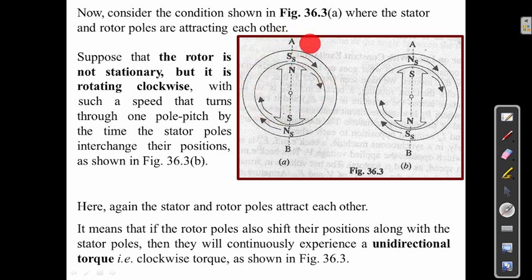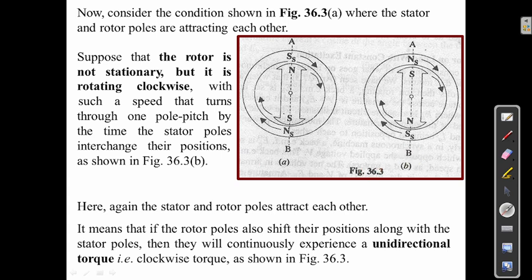Likewise, suppose the rotor is not stationary but rotating clockwise with such a speed that it turns through one pole pitch by the time the stator poles interchange position, as shown in figure B.